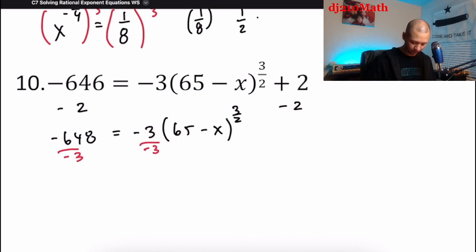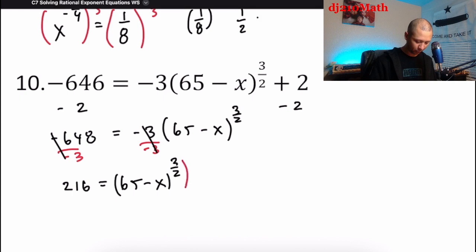The negatives cancel. 3 goes into 6 twice. 3 goes into 4 once. 3 goes into 18 6 times. Equals 65 minus x to the 3/2.